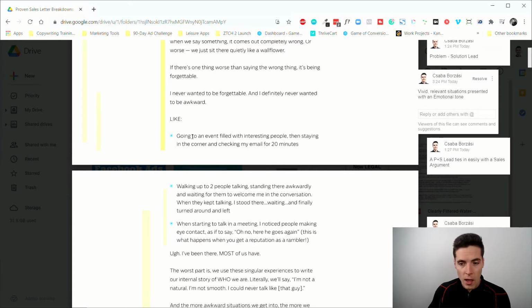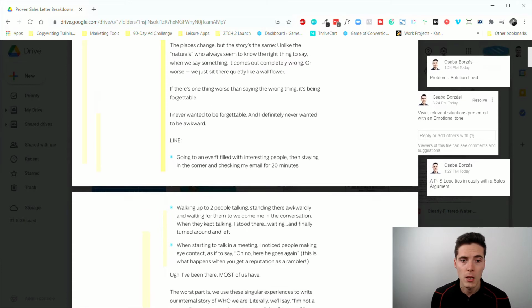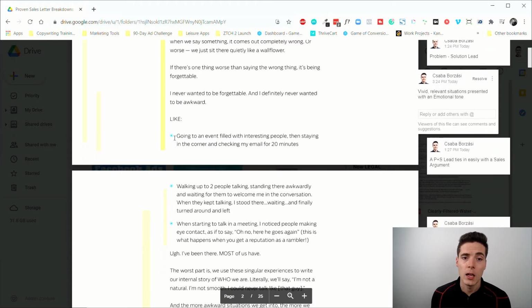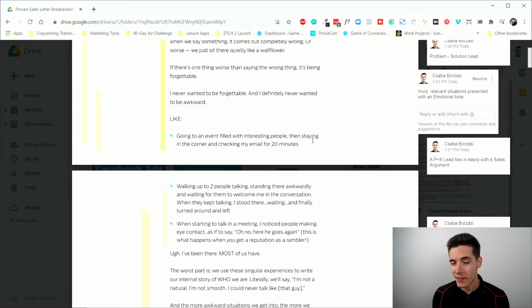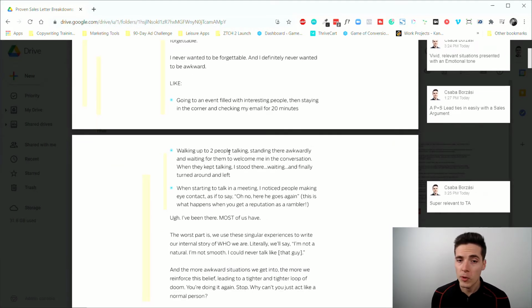And this also twists the knife a little bit, which is very important whenever you want to convert somebody. So it goes, "Going to an event filled with interesting people, then staying in the corner and checking my email for 20 minutes." I think this happened to a lot of introverted people. "Walking up to two people talking, standing there awkwardly, and waiting for them to welcome me in the conversation.